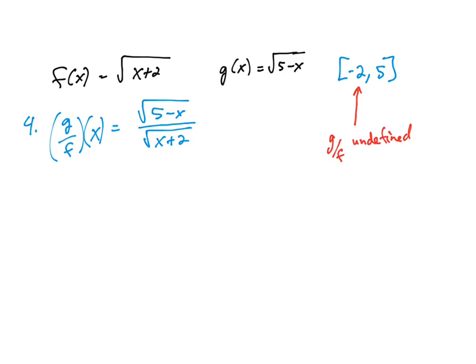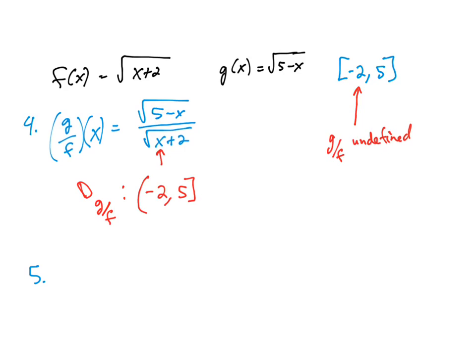Because when we put in -2 right here, we get 0 in the denominator. We know that a function is not defined when we have 0 in the denominator. So the domain here of g over f is going to be everything from -2 to 5, but we're not going to include the -2 because -2 will make this undefined. So there's the domain for g divided by f.